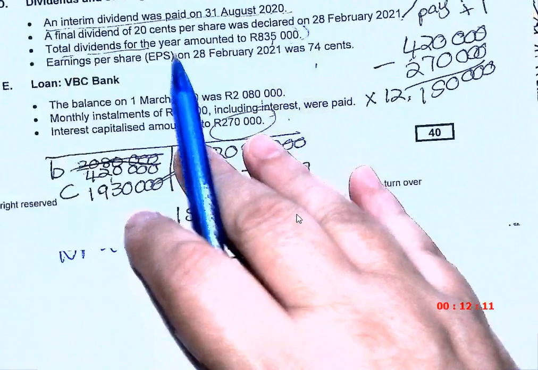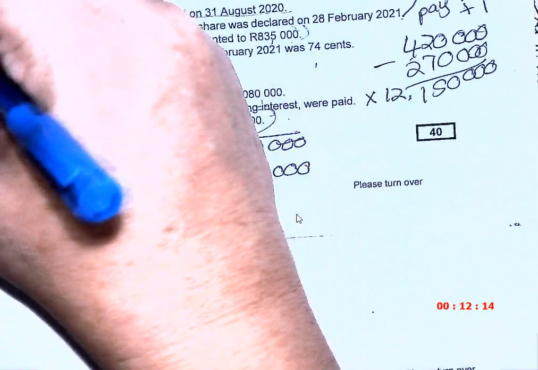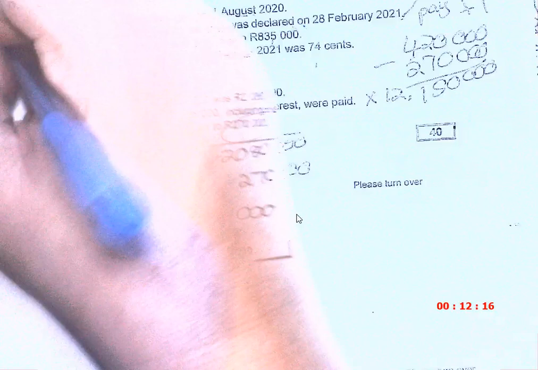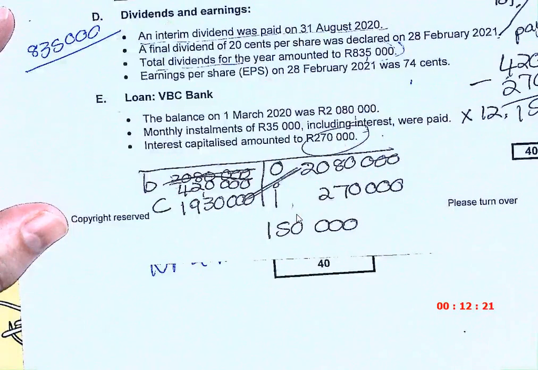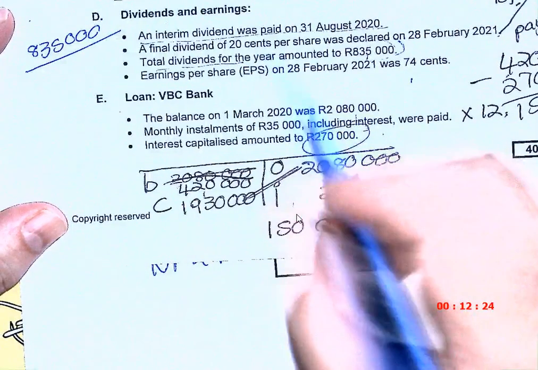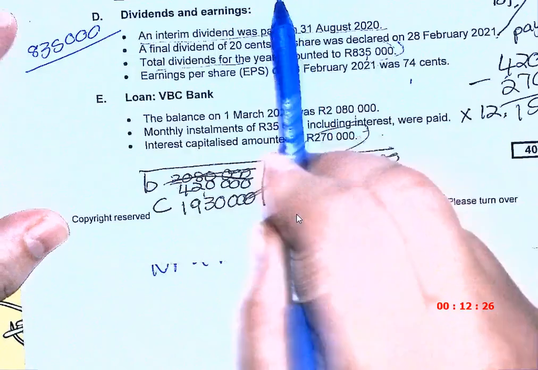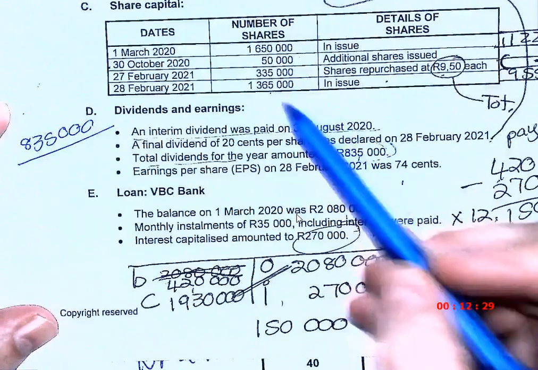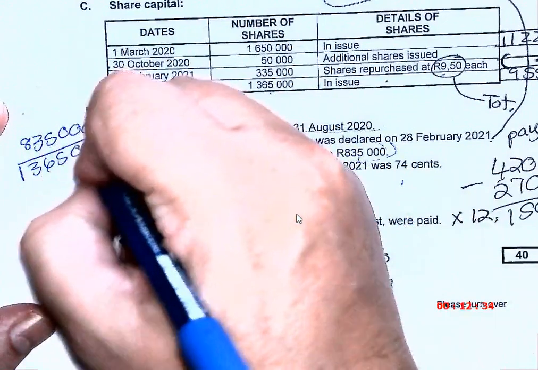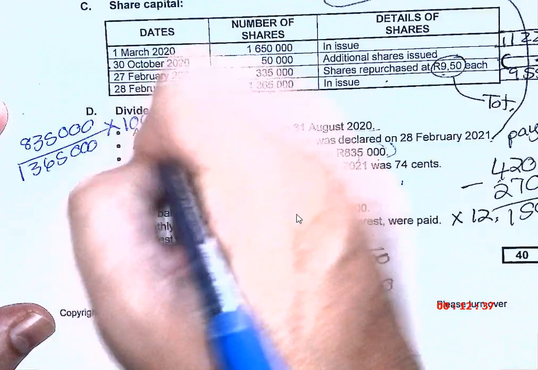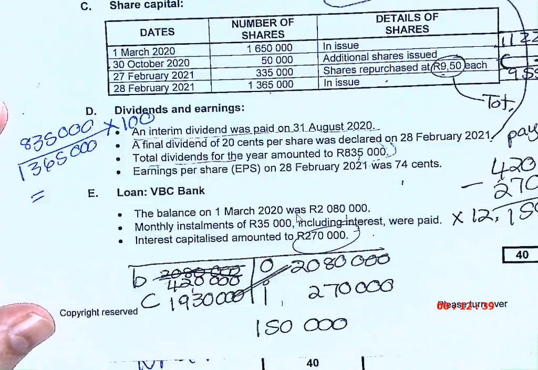So if I take that 835 and I divide it by the amount of shares in issue, how many shares are in issue? Here at the end, they tell you it's 1365. So 1365 times 100 gives me, what's my total dividend? 61,17.